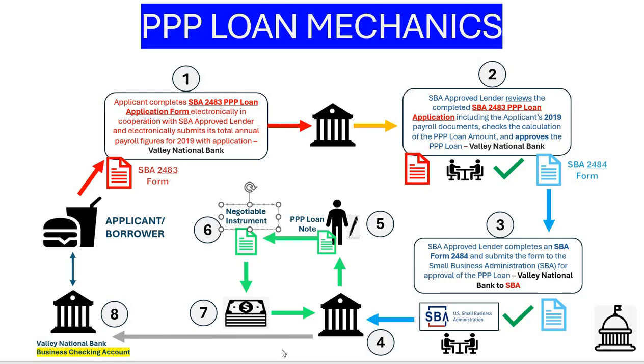PPP money didn't come from the SBA. The SBA simply insured the loans against loss for the banks or lenders. It also did not come from taxpayers at all.